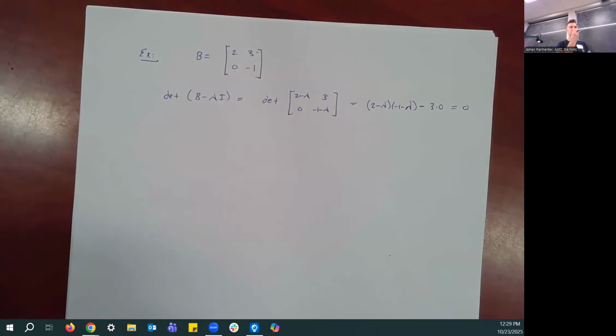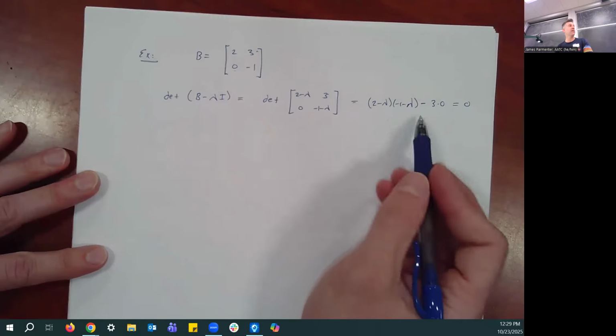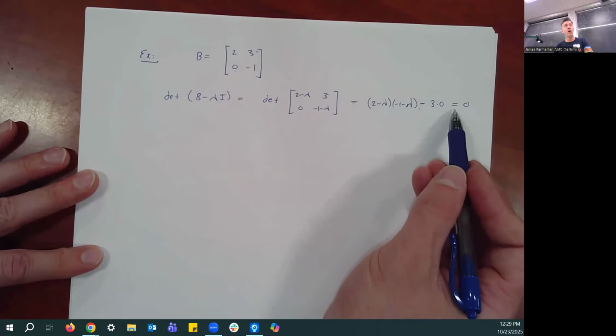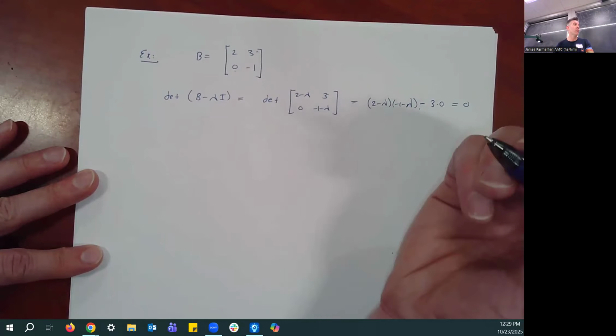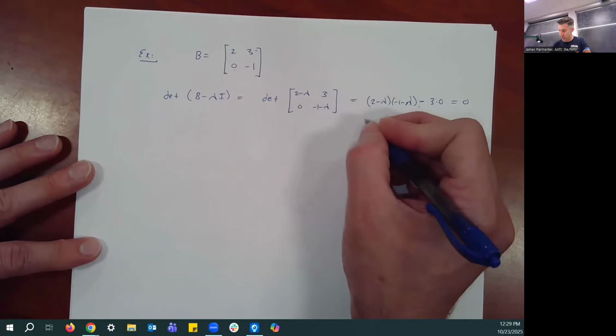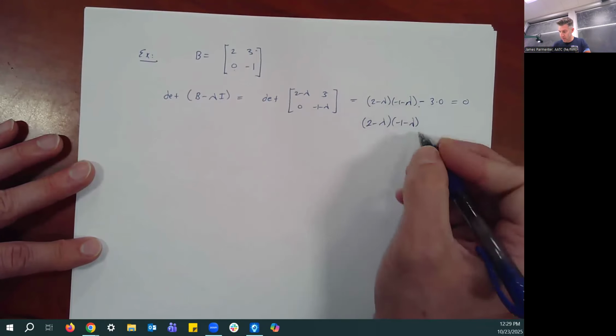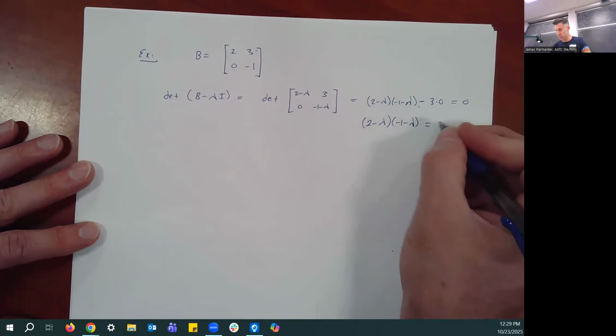Here's where you have to be aware of what's going on. Don't make more work for yourself. Don't multiply this out. Because this times this minus 0, it's already factored for you. This is 2 minus lambda times -1 minus lambda minus 0 equals 0.